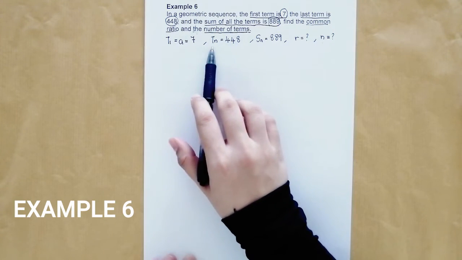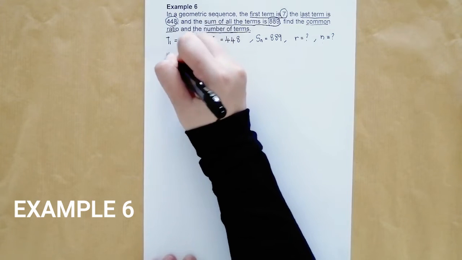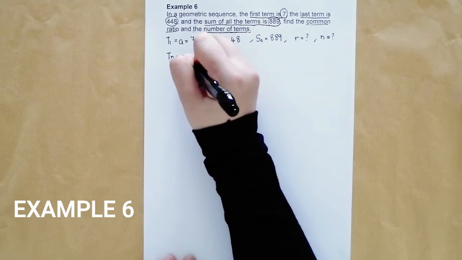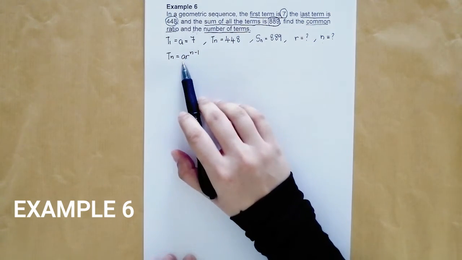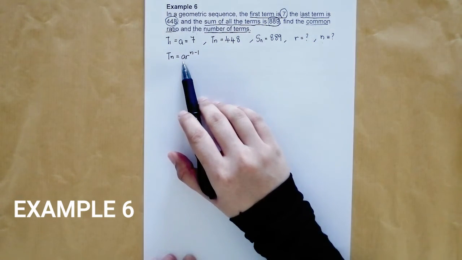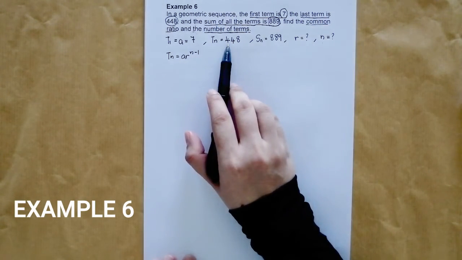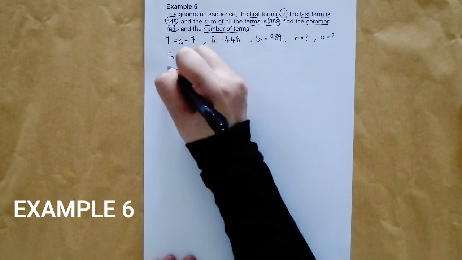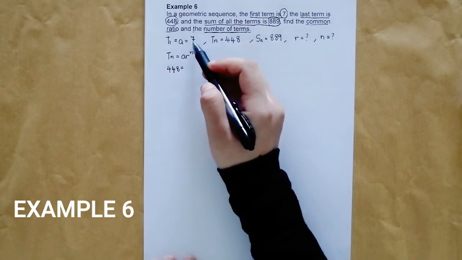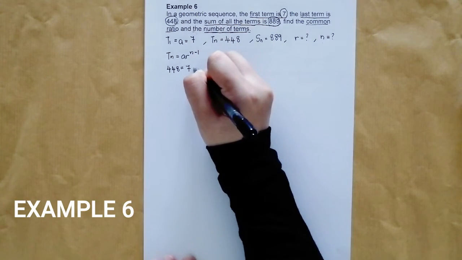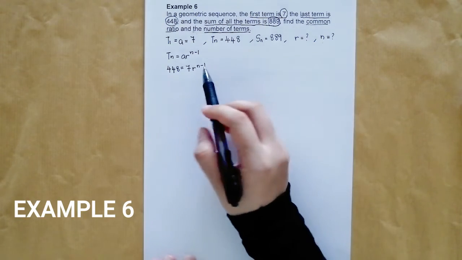First, we will substitute Tn equal to 448 into the formula Tn equal to A R to the power of n minus 1. We already have the value of A, which is 7. So 448 equal to 7 times R to the power of n minus 1.